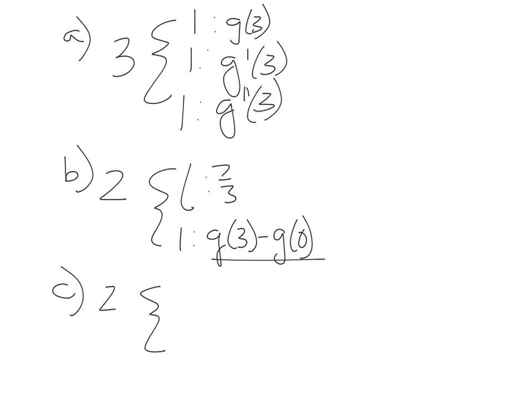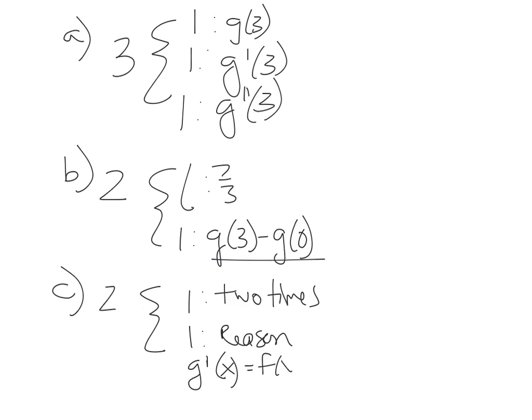You get 1 point for saying that it intersects 2 times. And then 1 point for your reason. And the reason that they were looking for was that either g prime of x or f of x equals 7/3 in 2 places between 0 and 3.